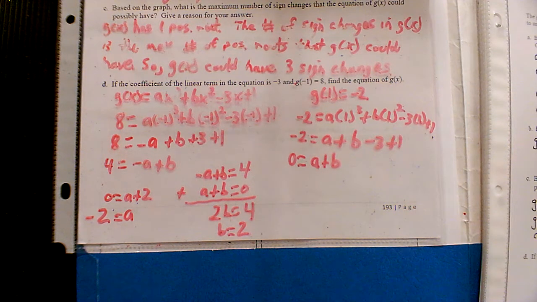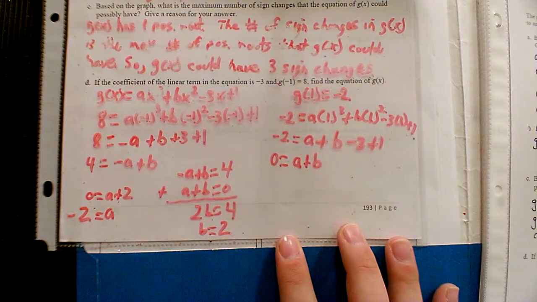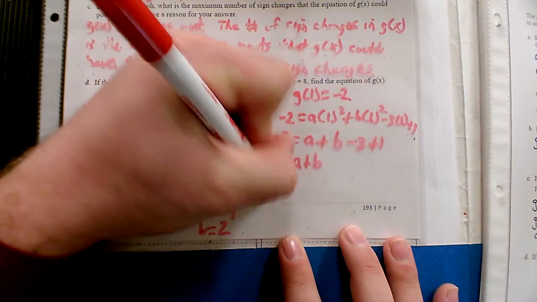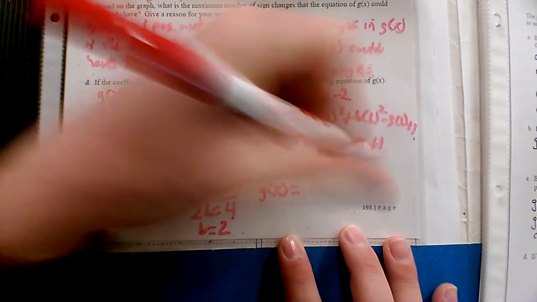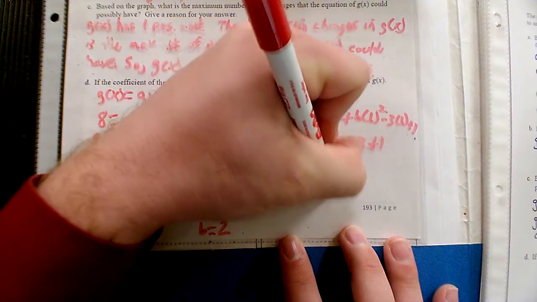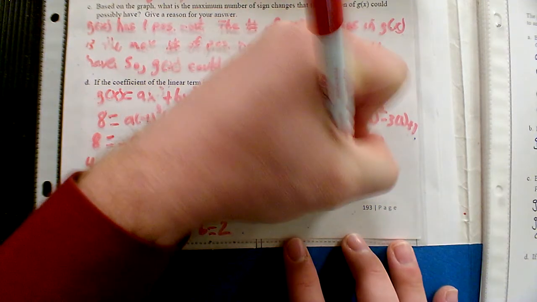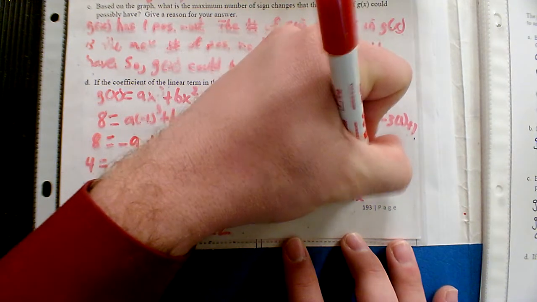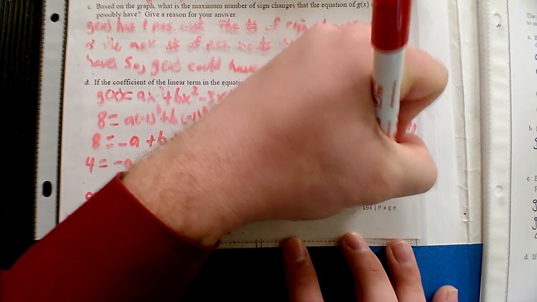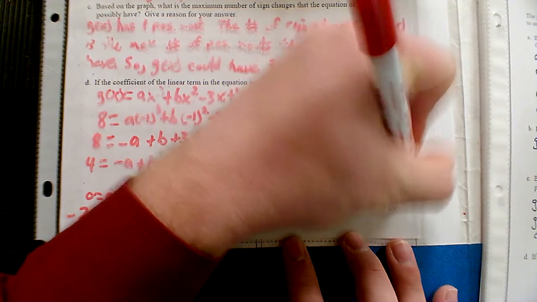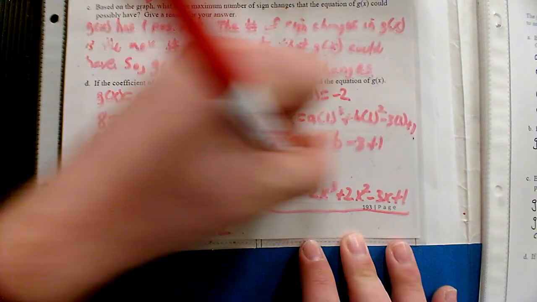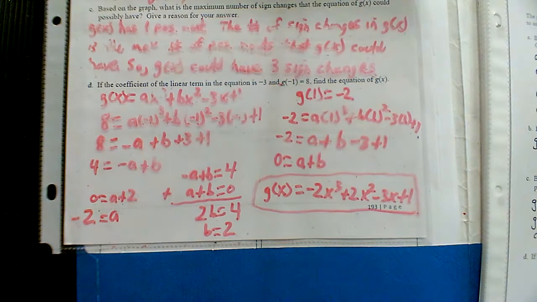And we already found D up above. So we do have all the pieces. Now we just have to list it. So g of x equals negative 2x cubed plus 2x squared minus 3x plus 1. And you have found the equation of g of x.